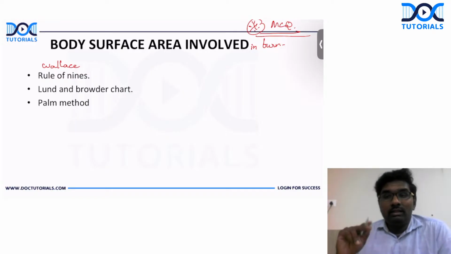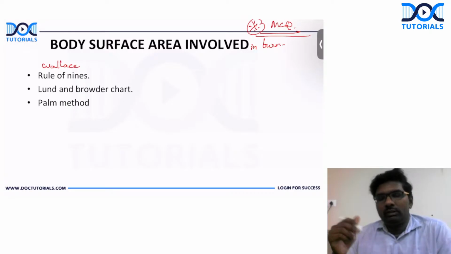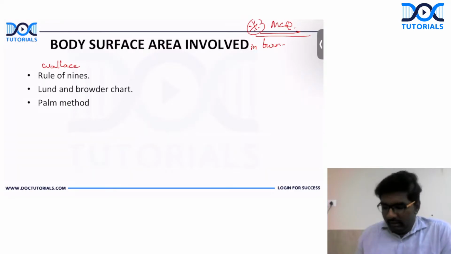First is the rule of 9, also called Wallace rule of 9, then the Lund-Bruder chart, and the palm method. In upcoming slides, you'll see these individually, but you should know these three methods, and all three have different applications. Of course, the palm method is very useful in scattered burns, and the Lund-Bruder chart is commonly used in the pediatric age group.